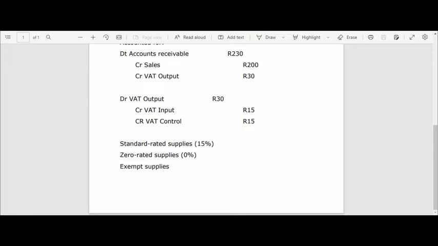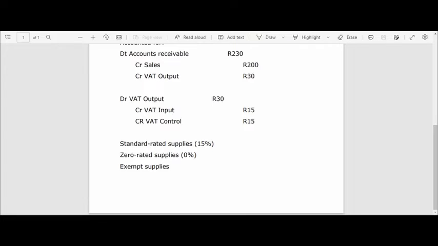So we are going to debit, and remember, in this scenario we haven't paid it over to the revenue service yet. So we have originally debited accounts receivable. We have credited sales with 200. We have credited VAT output with 30 rands. So with how much are we now going to debit our credit losses, ladies and gentlemen?